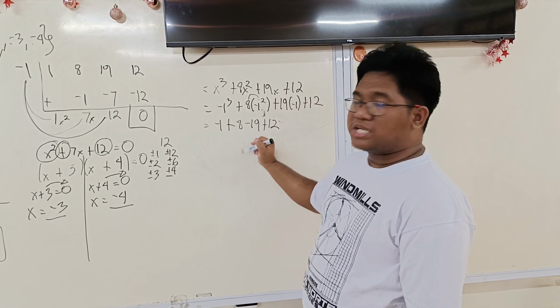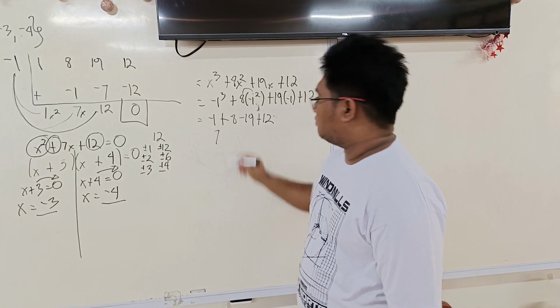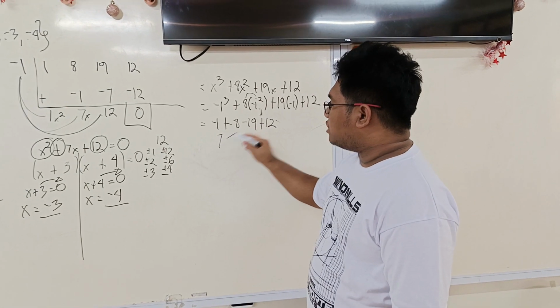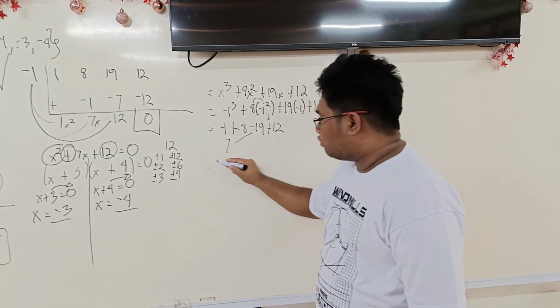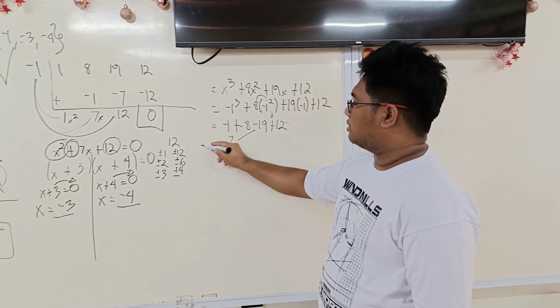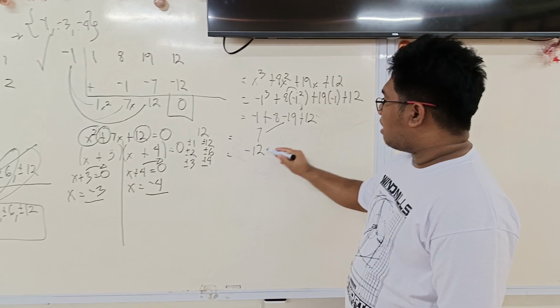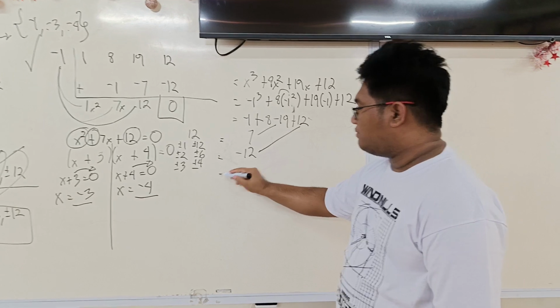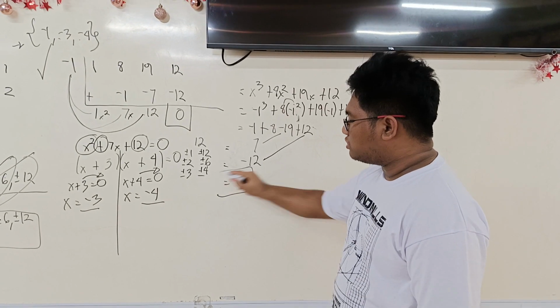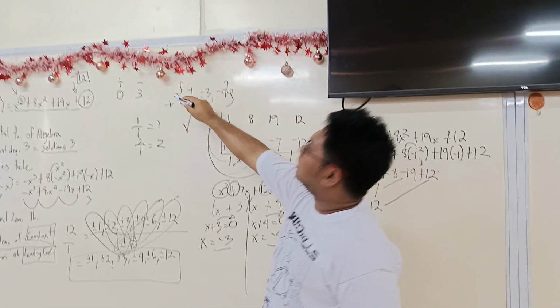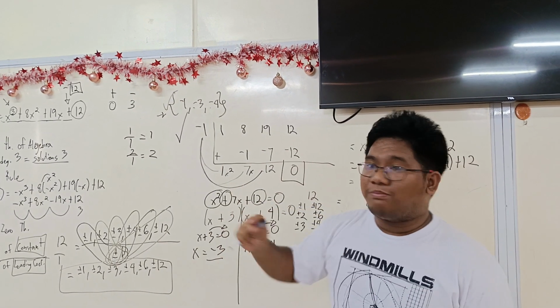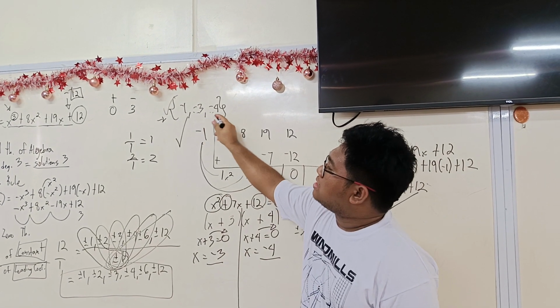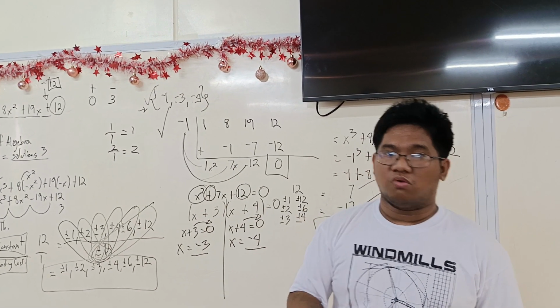Solve. Negative 1 plus 8, that would be 7. 7 minus 19, negative 12. Negative 12 plus 12, we will have 0. So dahil naging 0 siya, ibig sabihin, tama yung sagot natin. And if we ever want to try the following, they would equate to 0 also.